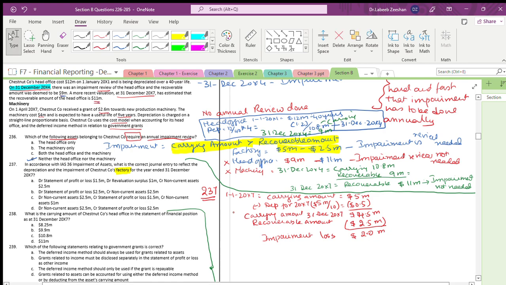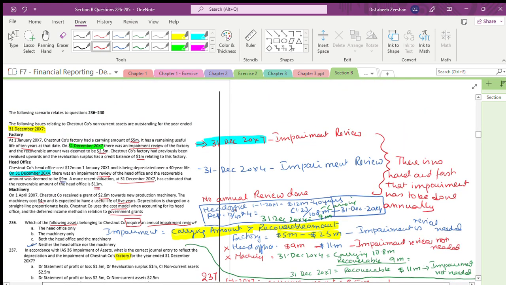Total loss is how much? 2 million. See what they have mentioned: there is a credit balance with respect to the revaluation. How much is the credit balance? 1 million.